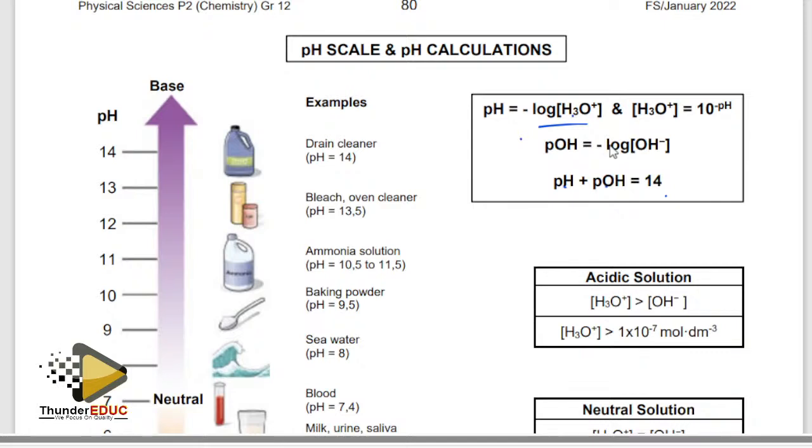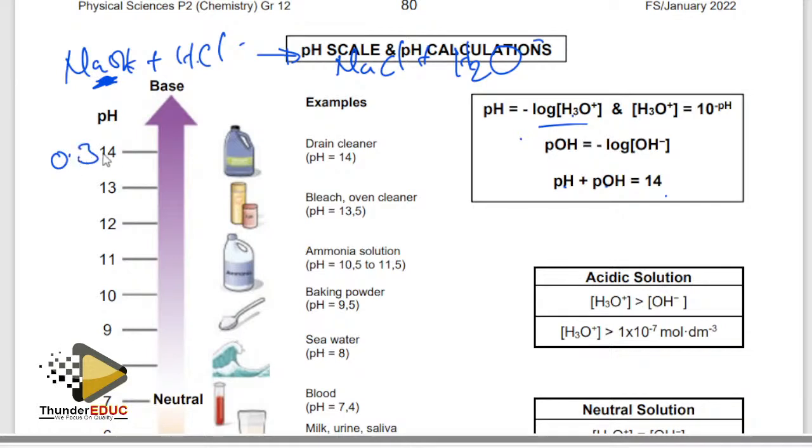You understand? For example, you have sodium hydroxide plus hydrochloric acid, and they give you sodium chloride plus H2O. Then they want you to calculate the pH of this, but they have given you the concentration of the base, maybe 0.3.